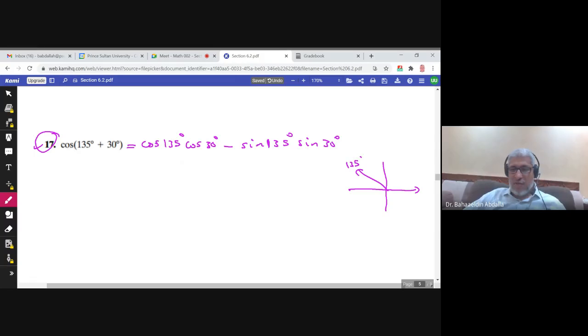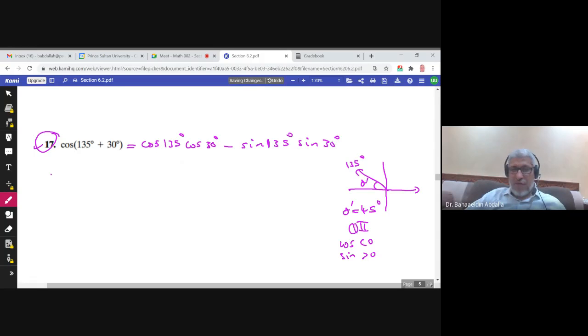And this is 135. The reference angle of 135 is 180 minus 135, which is 45. So again, this is in the second quadrant. In the second quadrant, cosine is negative, sine is positive.